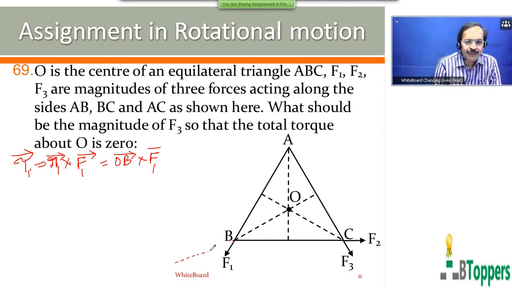To know the angle between two vectors by the graphical method, the two vectors must be drawn graphically from the same point, such that the tail of one vector is attached to the tail of the other vector. So the angle between R1 bar and F1 bar will be equal to 30 degrees.